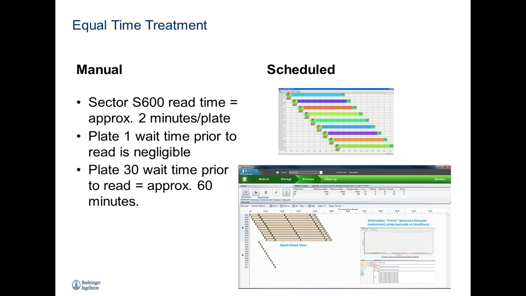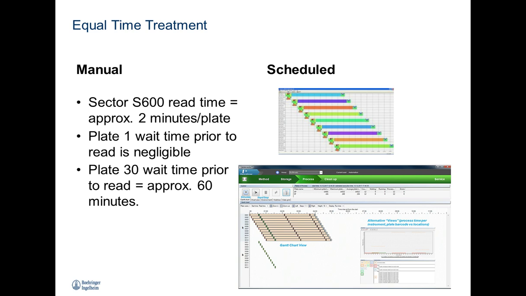So if you put into your protocol that you want your plate to incubate for 1 hour plus or minus 5 minutes, your software is going to schedule all the other tasks to make sure that that happens. And you'll get a telltale slanting of your process bars. And anyone that's ever worked in a scheduling environment knows exactly what I mean by this. In that way, you can directly compare plate 1 with plate 30.